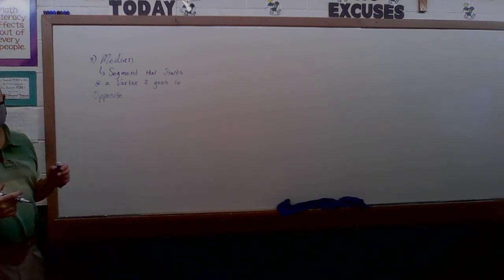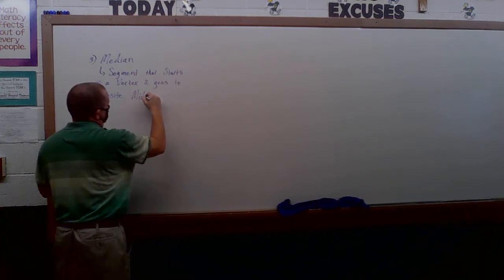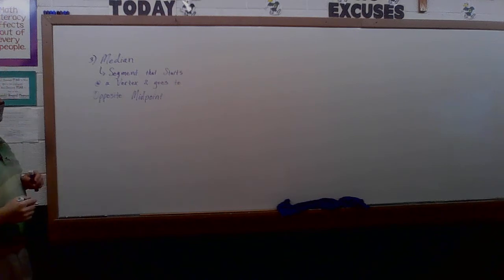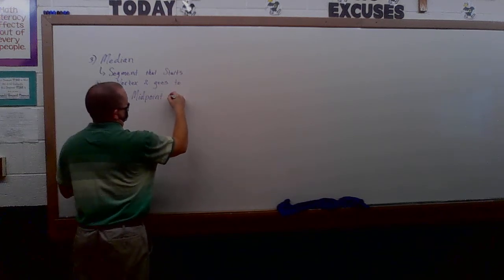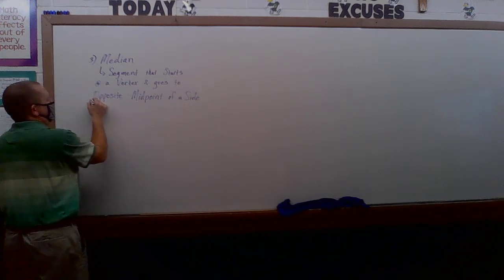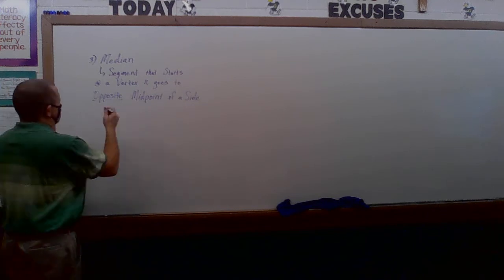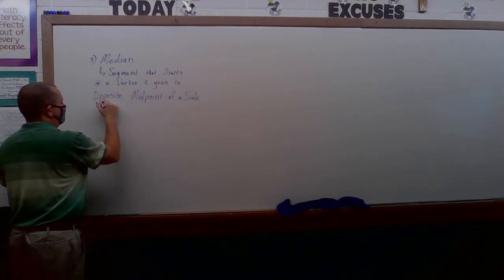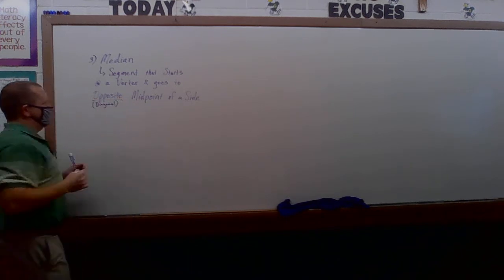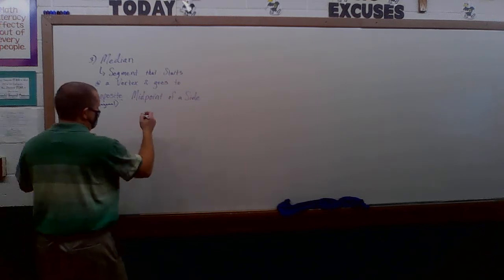So it'd go to the opposite what? Midpoint of a side. Now, when we say opposite in this case, we really are saying diagonal. So, can you understand what that means? Can you draw that?